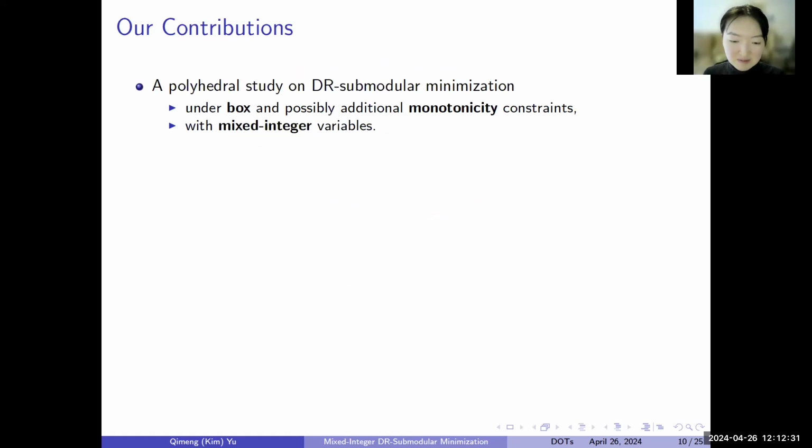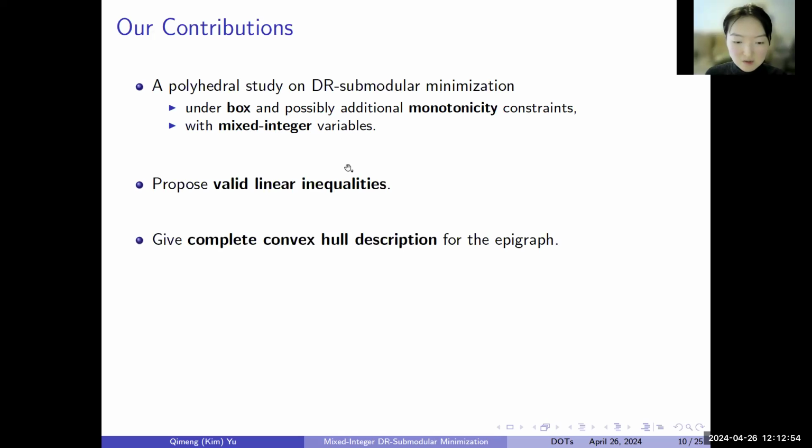With these questions in mind, we took a polyhedral approach to this minimization problem under possibly additional monotonicity constraints, which I motivated in the sensor application. And we allow mixed general integer variables. Specifically, we proposed new valid linear inequalities with which we managed to describe the epigraph convex hull completely.